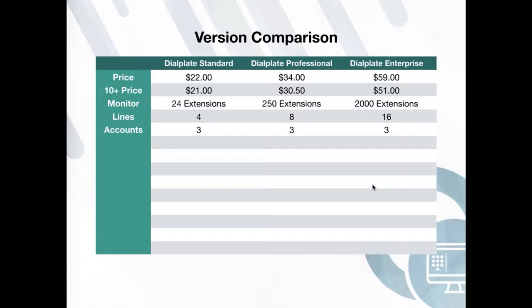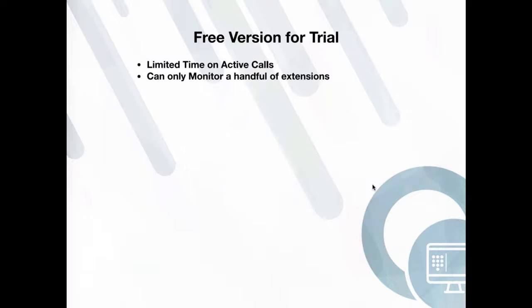On each one of the versions, there is a bulk discount if you buy more than 10 licenses at a time. So again, you can download it and click on the free button once you install it, and it'll allow you to use it for basic functionality, just to get a feel for the interface.